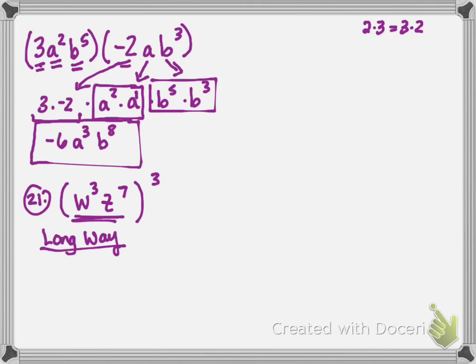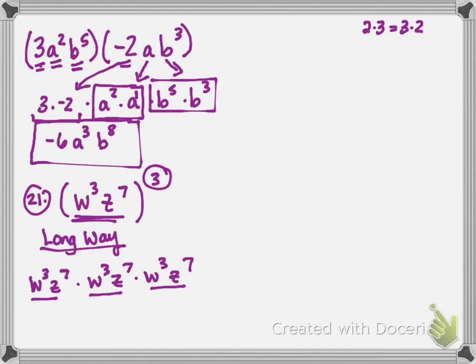All of this stuff is cubed, which means I've got w to the third times z to the seventh times itself 3 times. That's what we mean when we say cubing. Our exponent is just repeated multiplication. Since this is 3, I'm multiplying it together 3 times. Then I can multiply my w's, so w cubed times w cubed times w cubed, and multiply my z's together, z to the 7th, z to the 7th, z to the 7th.